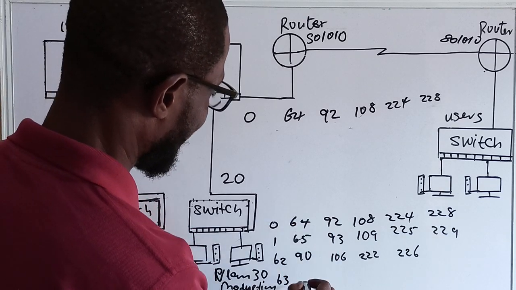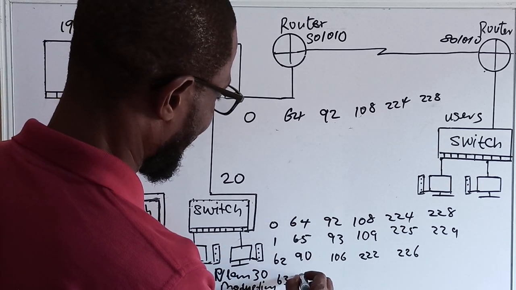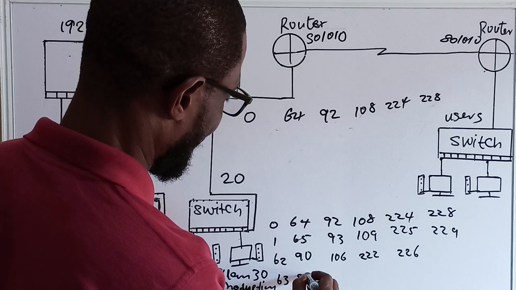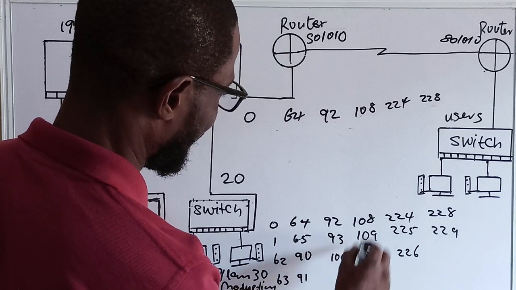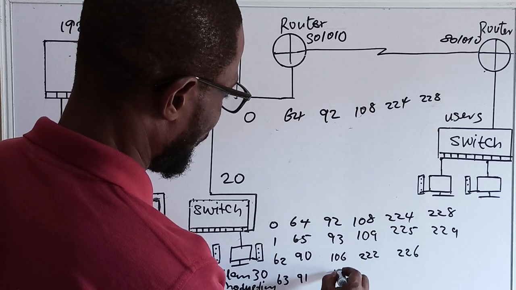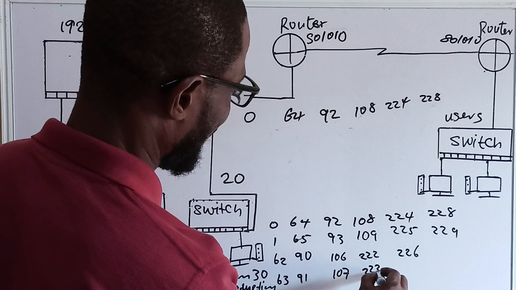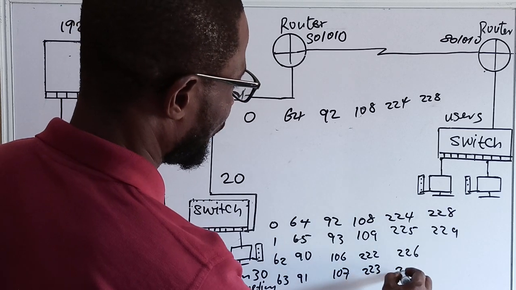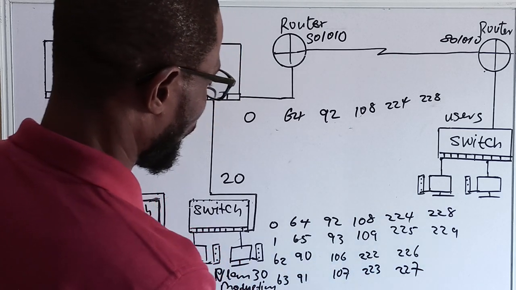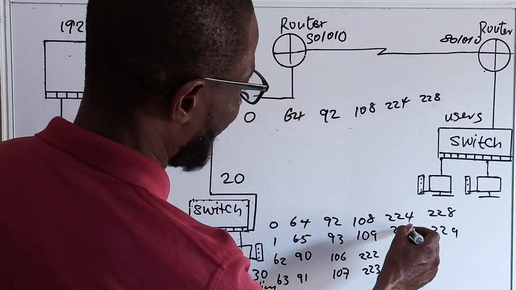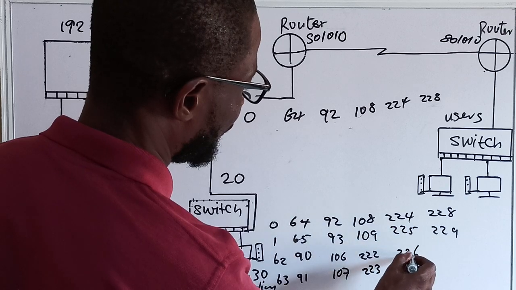The next subnet here is 64, and this is 95, and this is 111, and this is 223, and 227 broadcast addresses.